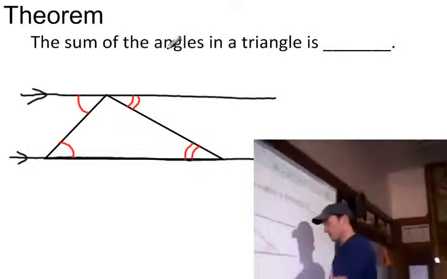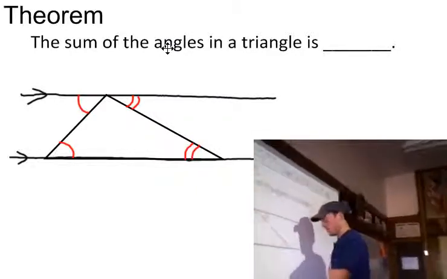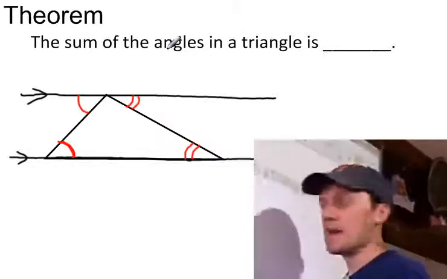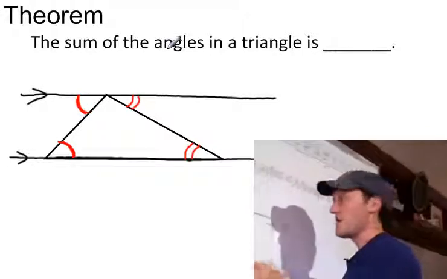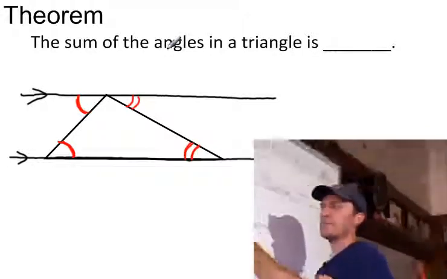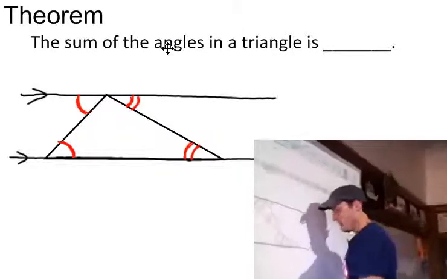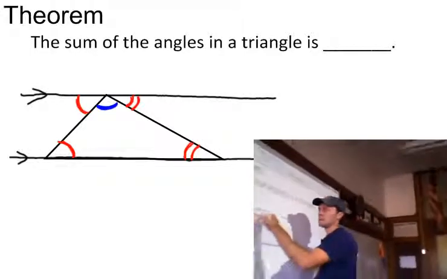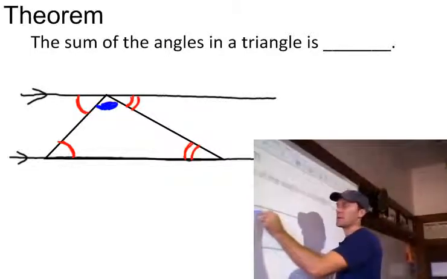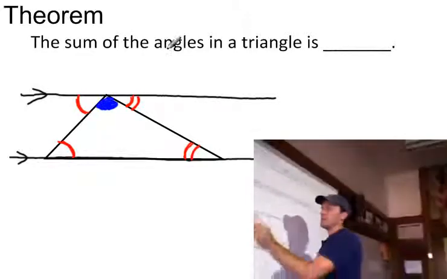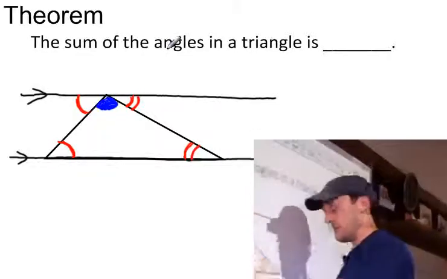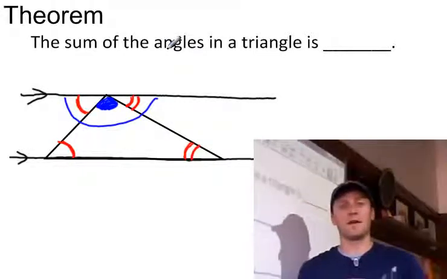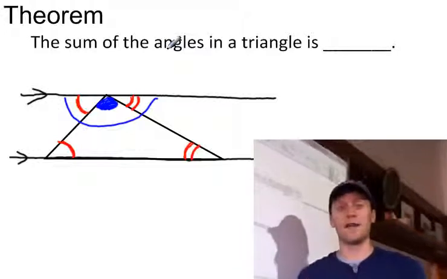So that means this angle of the triangle is actually up here, and this other angle of the triangle is actually up here, and then don't forget I've got the third angle here, which I'm going to color in. So what do all those three angles add up to? That's right, they add up to a straight line. And straight angles are 180 degrees.